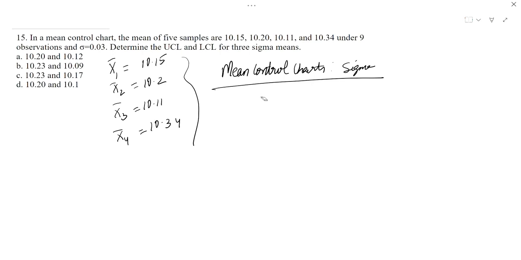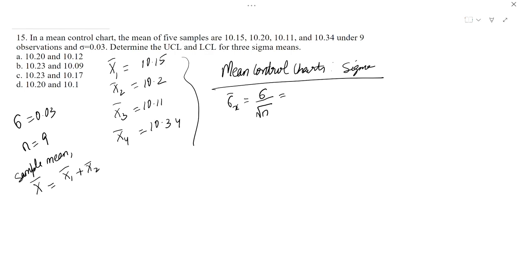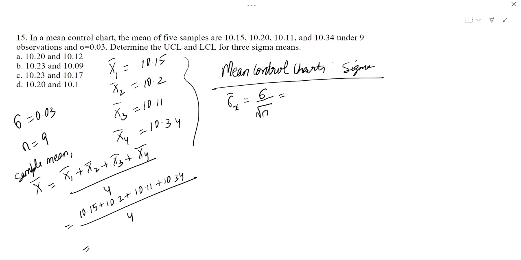First I'll write the formula: sigma x bar is equal to sigma by root over n. Here sigma is equal to 0.03, n is equal to 9, and x bar, the sample mean, is equal to X1 bar plus X2 bar plus X3 bar plus X4 bar by 4, which is 10.15 plus 10.2 plus 10.11 plus 10.34 by 4, which is equal to 10.2.